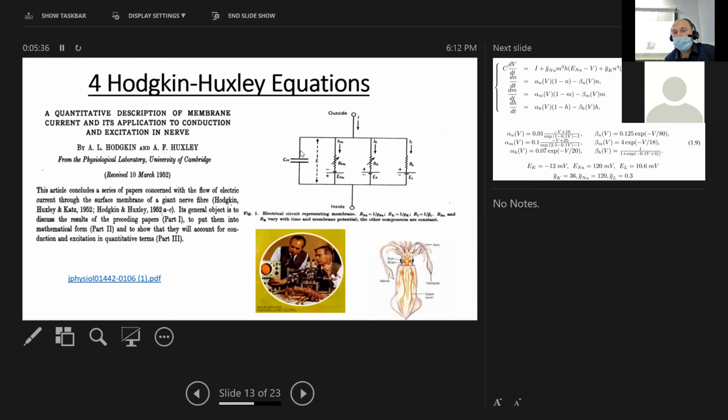So they say that the membrane of the cell acts like a capacitor, and then there are ionic fluxes, potassium and sodium mainly in this case, that are currents. Okay, and they will write an equation based on this circuit. We can have a look.